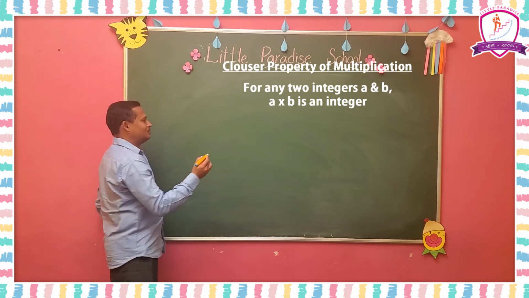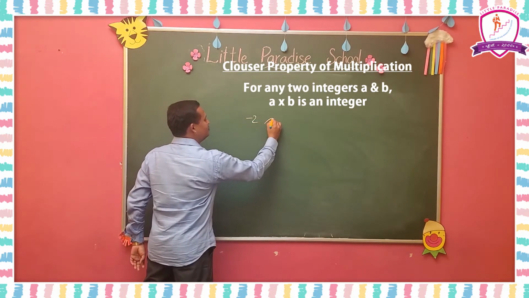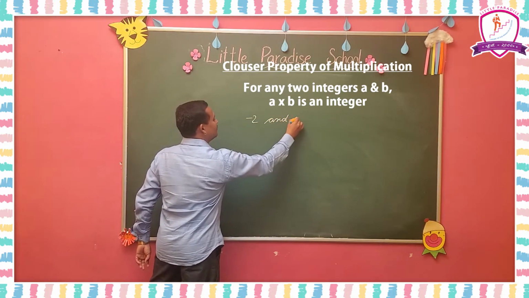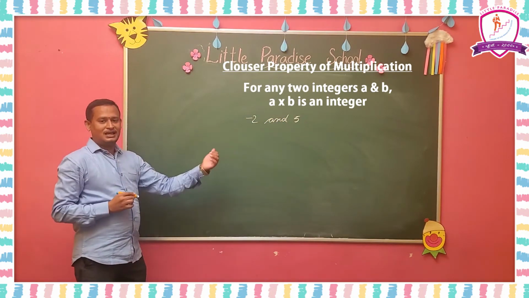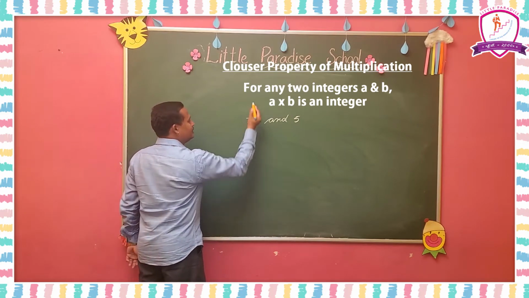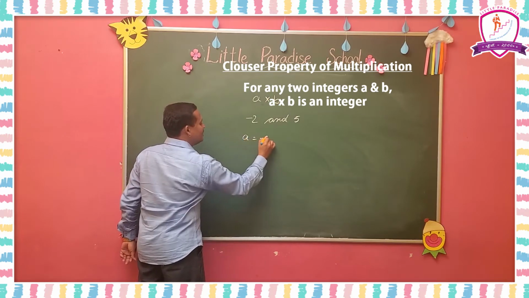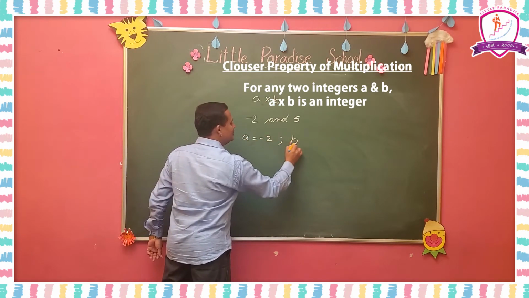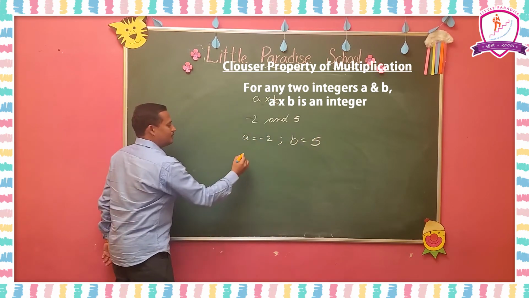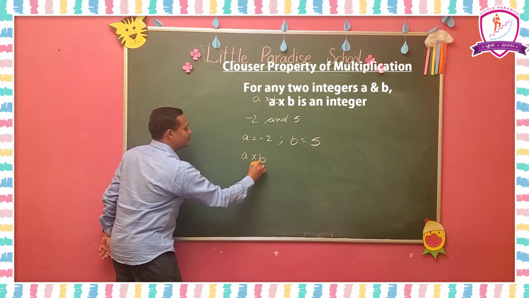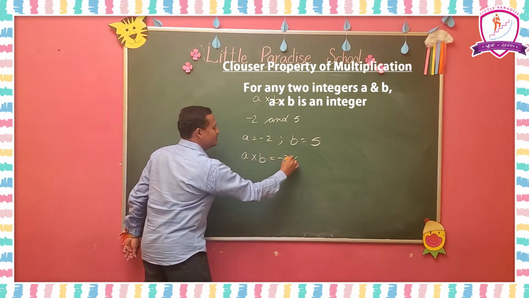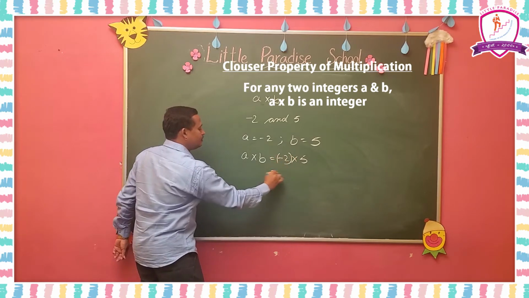So for example, I am going to take two integers, minus 2 and 5. Here a is equal to minus 2 and b is equal to 5. What we have to do here? a into b means minus 2 into 5.